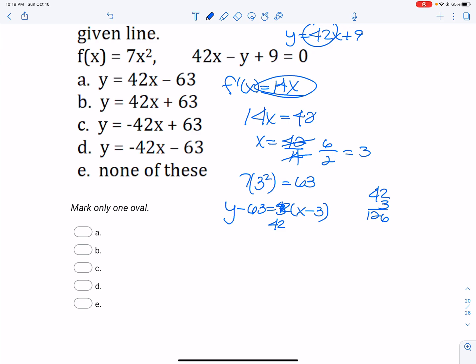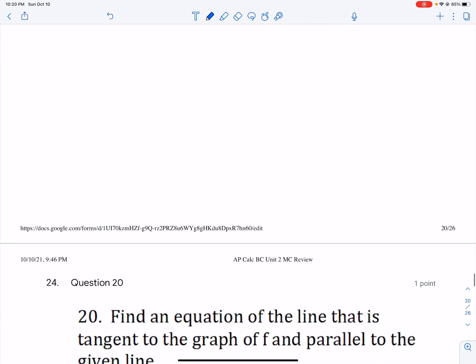And that's negative, so 63. So 42x minus 63, which is that one there.